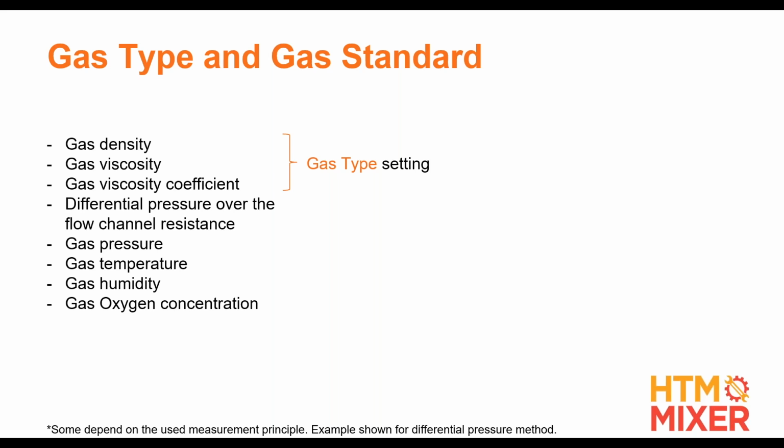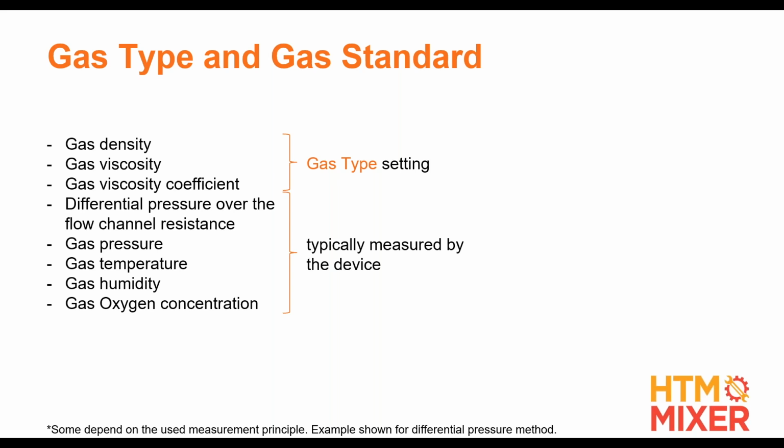But those change based on that. You may have to tell your analyzer what you're measuring. Is it air only? Is it oxygen only? Is it some combination? Some analyzers can tell you that automatically because they have O2 sensors built in. But you may have to make sure that your gas type matches what you're actually trying to measure.